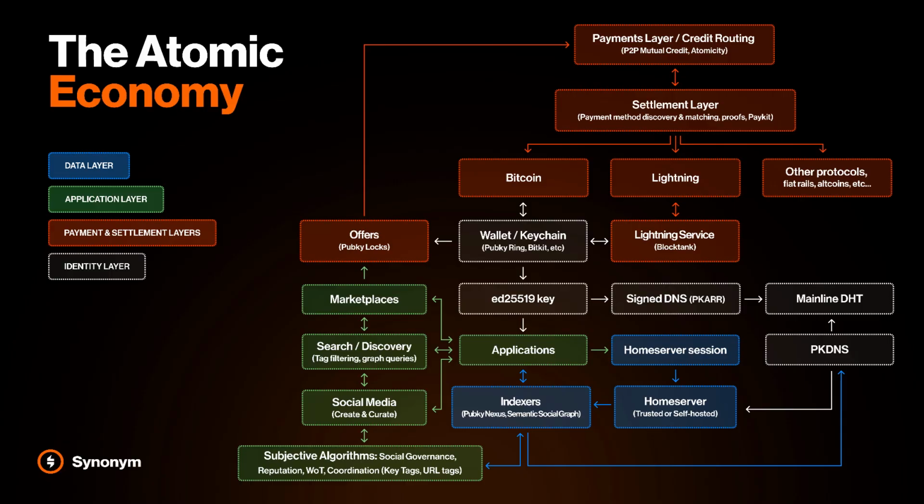And so we have another project that we'll be detailing more in the future called Atomicity, which is basically taking concepts of routing networks and using actual signed credit and debt between peers instead of any sort of backing, and using this as a way to coordinate the payment layer, much like credit cards do, but in a peer-to-peer way. And then using that to ultimately coordinate settlements on Bitcoin, Lightning, or any other payment method that people want to agree on.